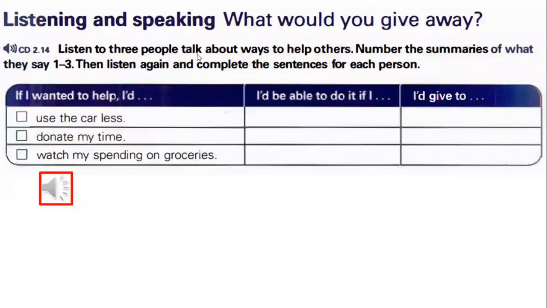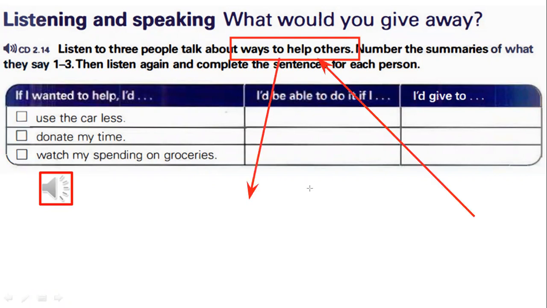Next, listen to three people talk about ways to help others. Let's talk about that. Can you give me some ways to help others? How can we help other people? Can you give me an idea?